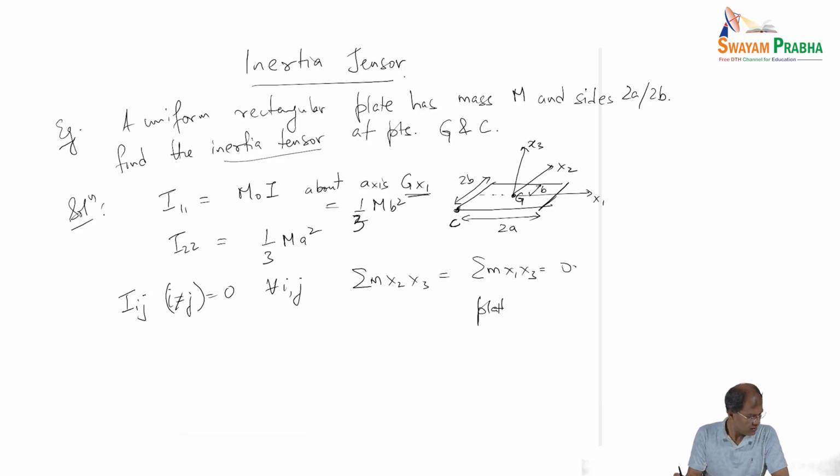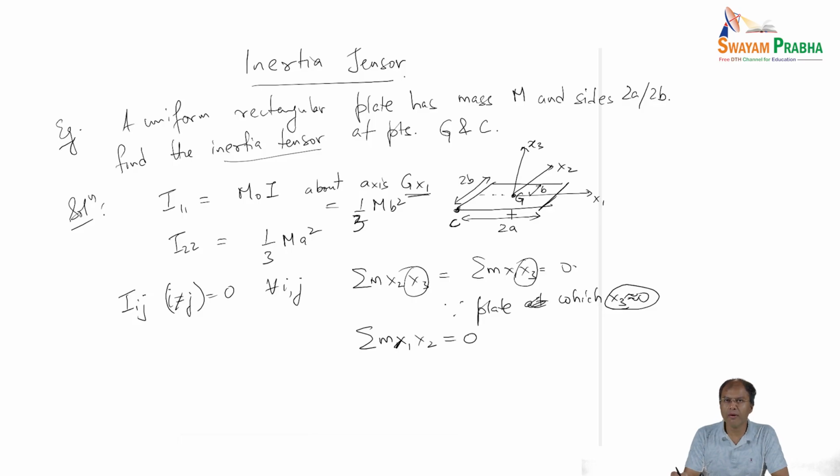The plate is 2D, because the dimension along the x3 axis is very thin, so we expect all these off diagonal moments to be 0. We also expect that the off diagonal moment m x1 x2 will be 0, because there is a symmetry about the axis Ox2, a symmetry about G.